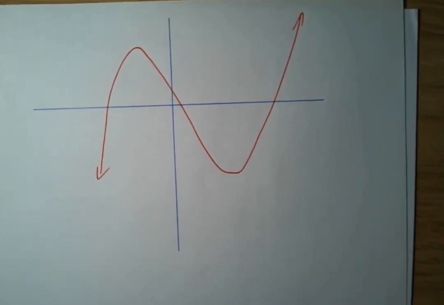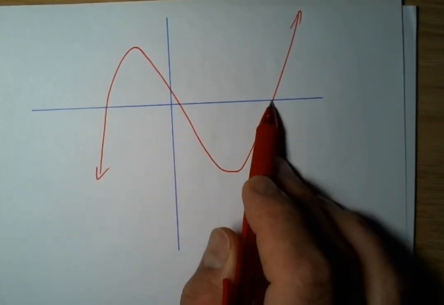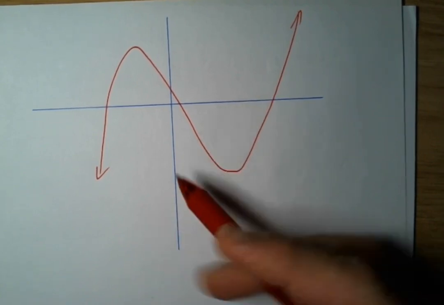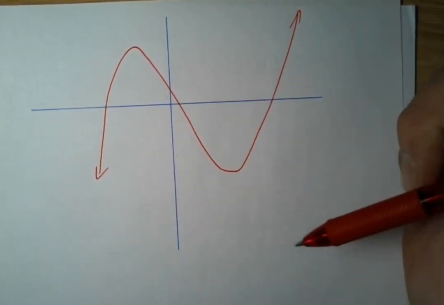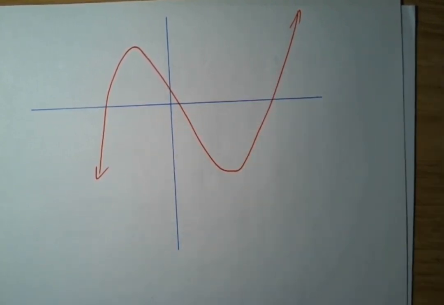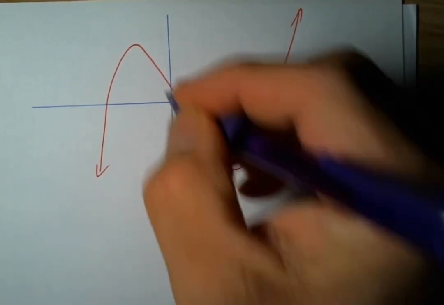It looks like a cubic type function. It crosses the x-axis 3 times, and the way it crosses looks like just a straight line going through the axis. So that leads me to believe this is a cubic function.